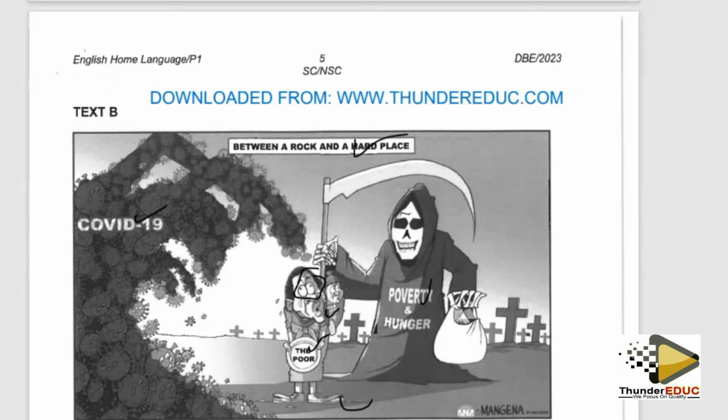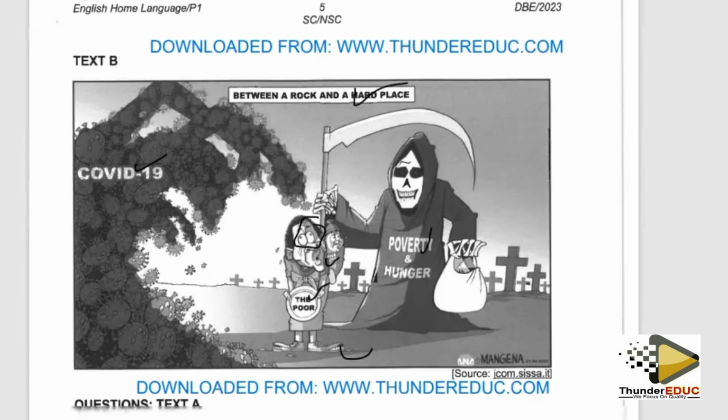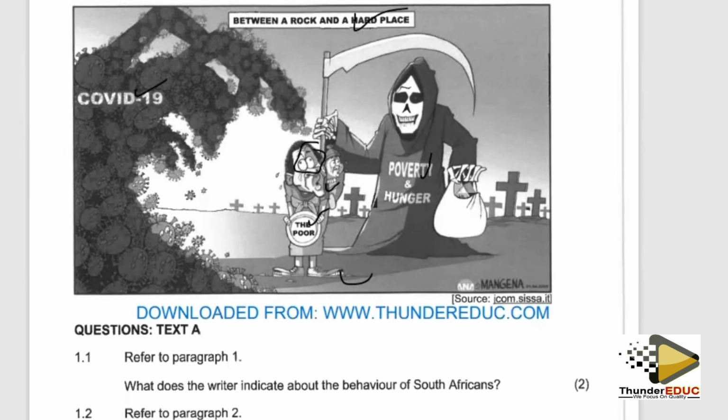But when we're talking about visual clues, we are now talking of the images that we're taking. Therefore, that's why we can also take her. We can also take the distance that is here between her and the poverty and hunger skeleton and the COVID-19 giant. So now we are coming in, and you have to now be very clear. Your answers must have both visual and verbal clues.